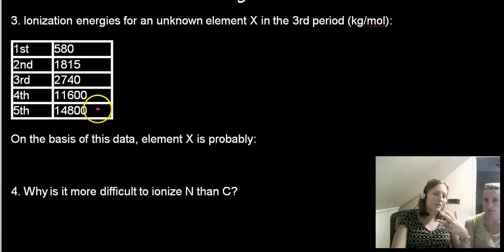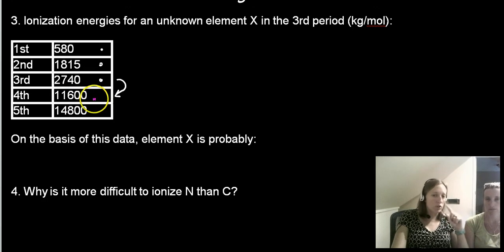If you look, you can see that there is a gigantic jump, and it's right from there to there. So that means taking off the first one took some energy because you're pulling it off away from the nucleus. Taking off the second one took a little bit more energy because you're taking it off an ion. And this was ridiculous. So that means that the fourth electron that you pull off is quite unhappy.